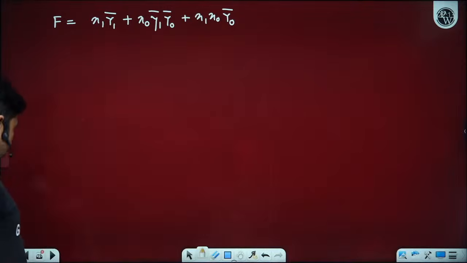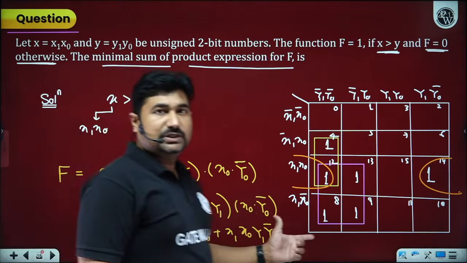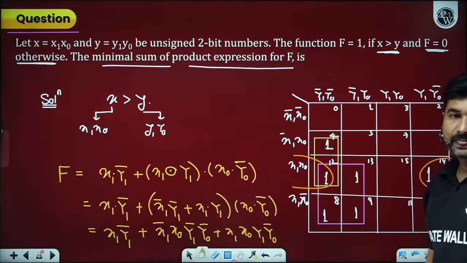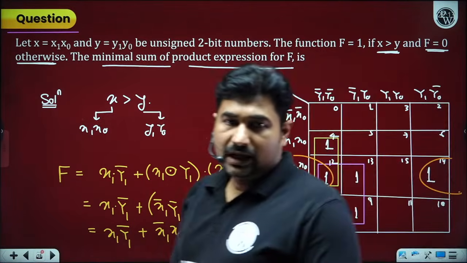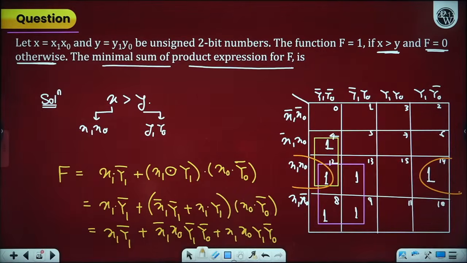How many of you are able to understand the minimized expression for the given function as well?